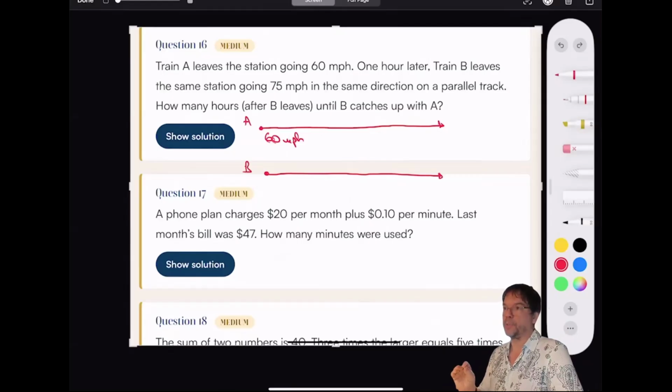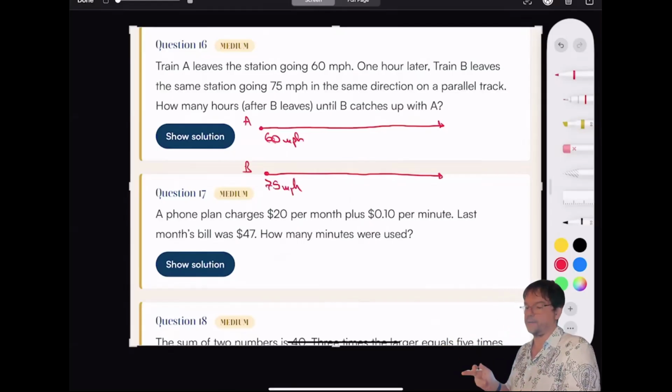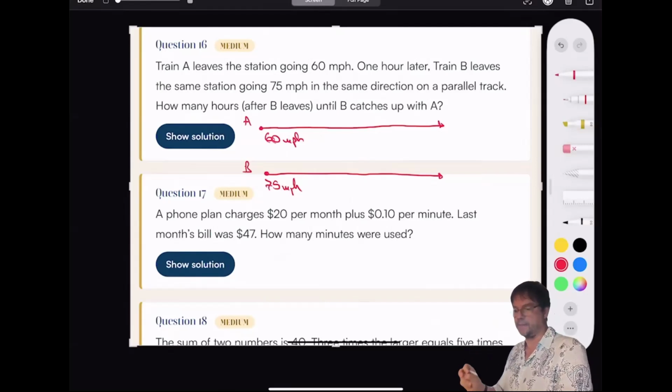I will continue to read, then I will establish the period of time they keep traveling until one overcomes the other. So train B leaves the same station going at 75 miles per hour in the same direction on a parallel track. How many hours after B leaves until B catches up with A?